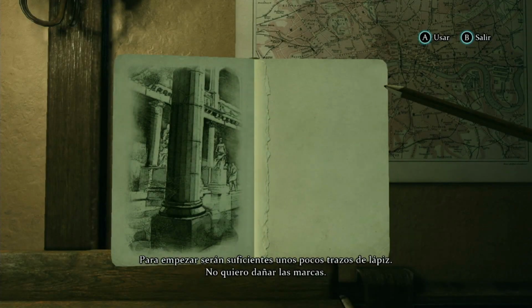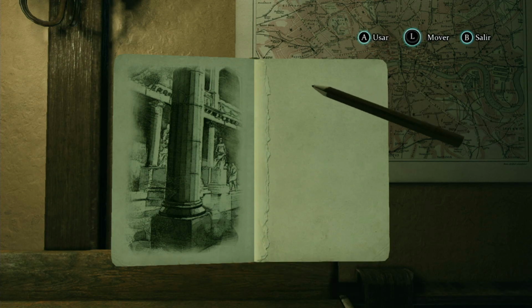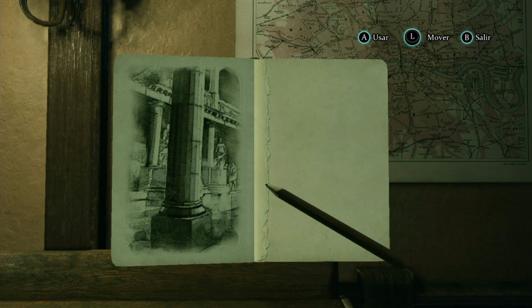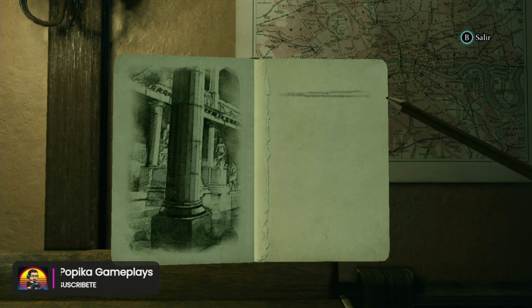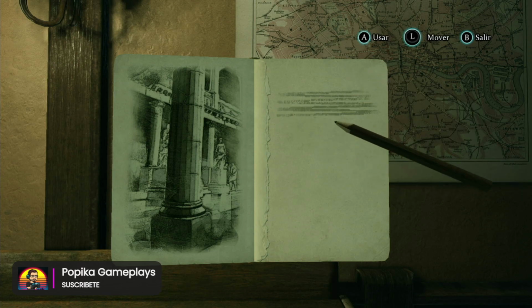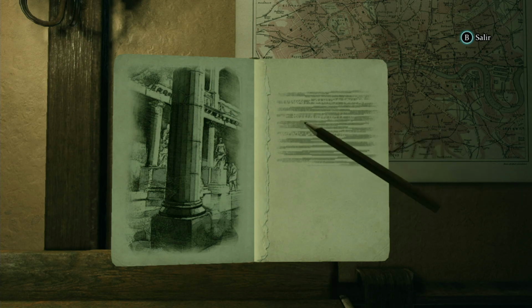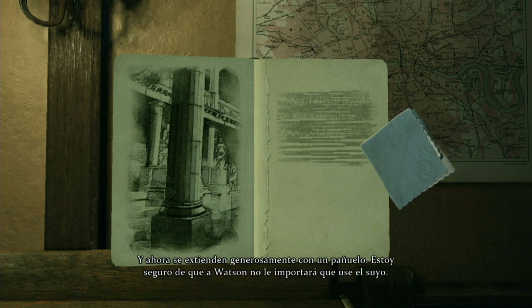To begin with, a few strokes of the pencil will be enough. And then to gently smudge the leftover pencil marks with a handkerchief.